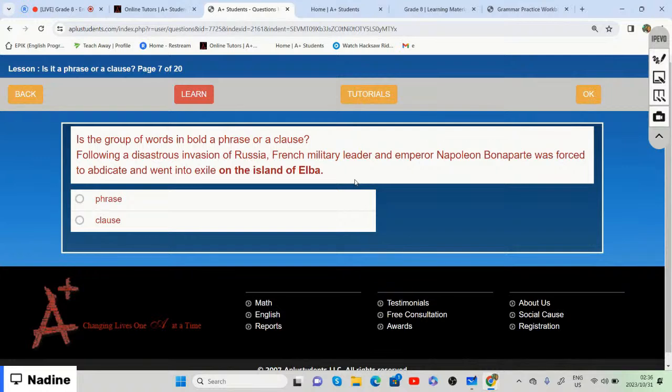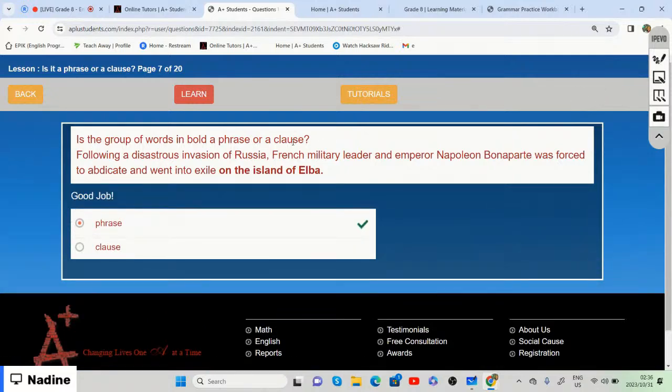On the island of Elba. So we can say, on the island of Elba is a phrase.